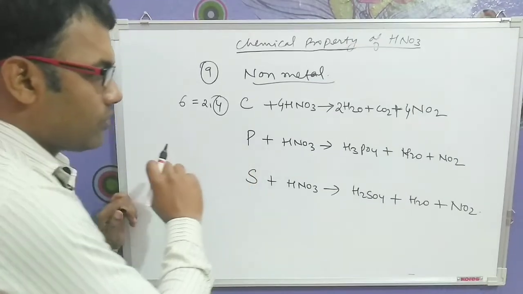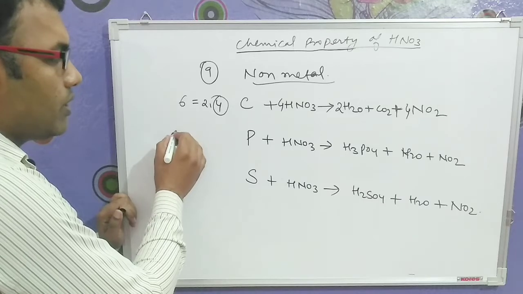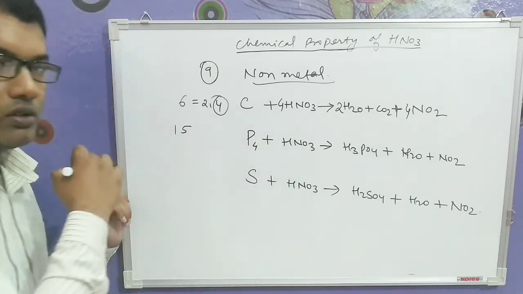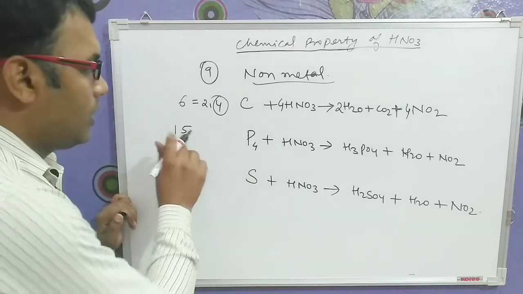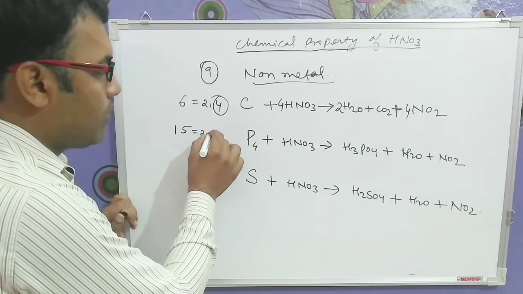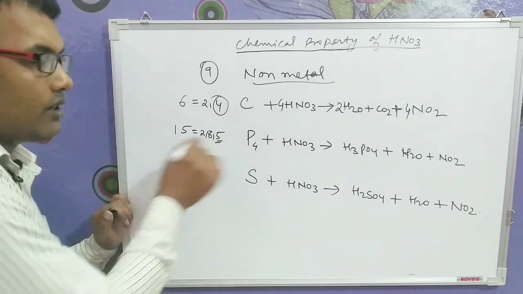Now coming to phosphorus. In phosphorus we all know, what is the atomic number of phosphorus? 15. So what do we write here? P4. Generally we write P4. Now 15 is the atomic number, electronic configuration 2, 8, 5. So what is the valence electron here? 5.